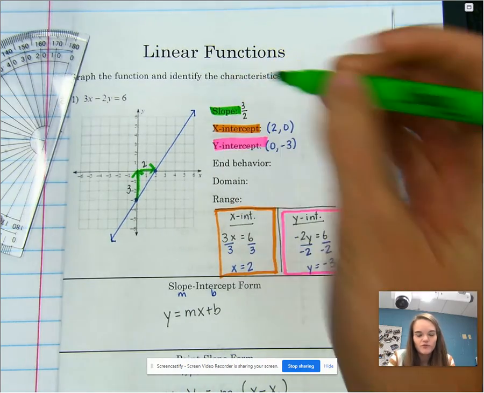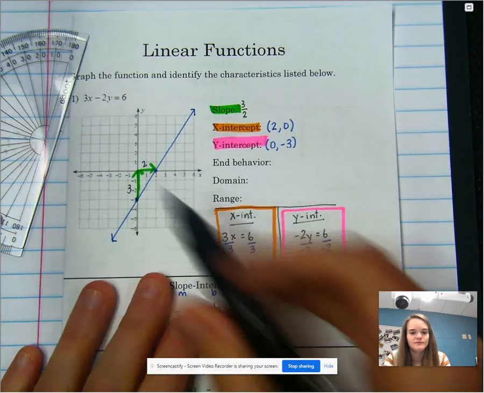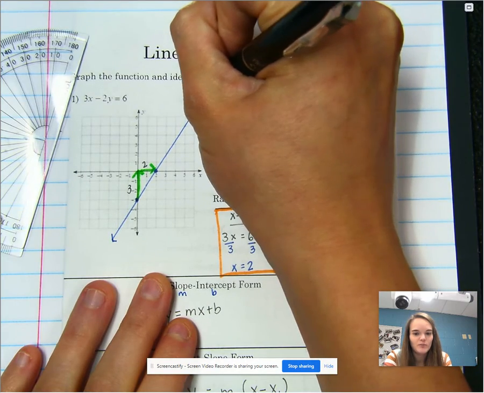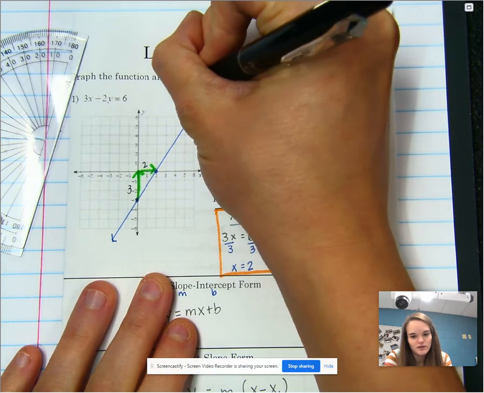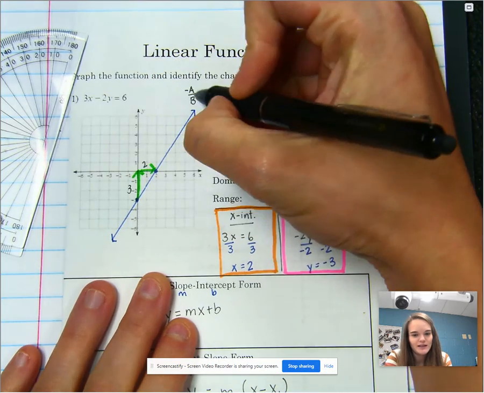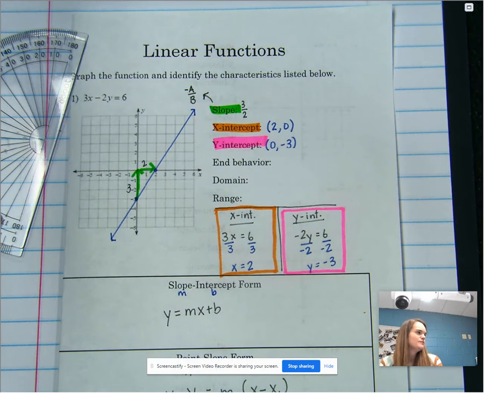I can also find that in the formula. The slope can be found by doing negative a divided by b. Negative 3 divided by negative 2 is 3 over 2. That's another way to find the slope in standard form, or just looking at the graph.